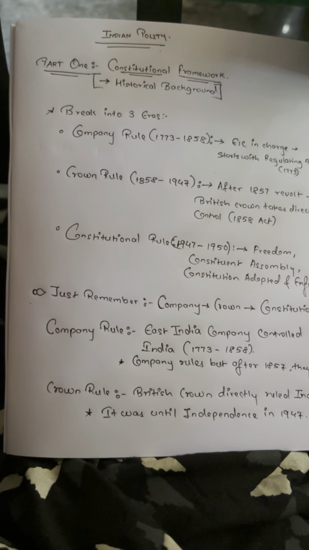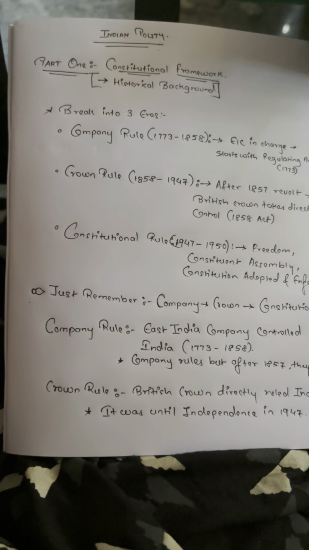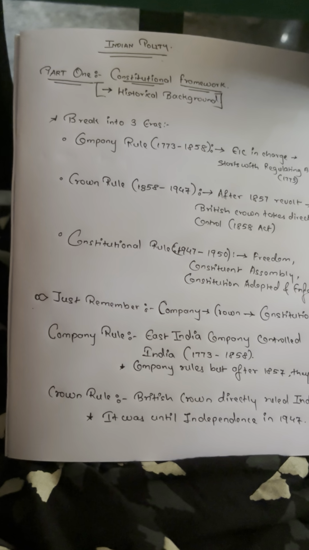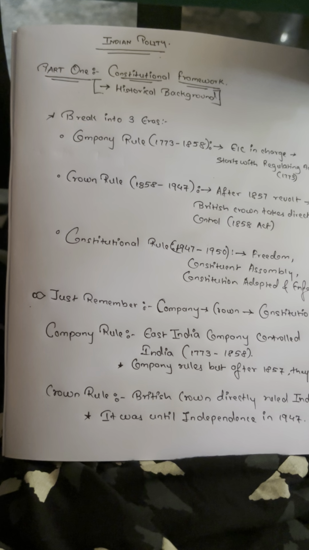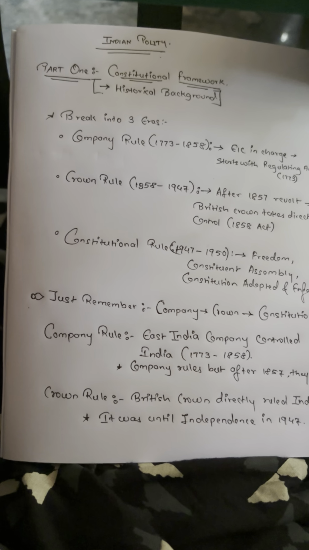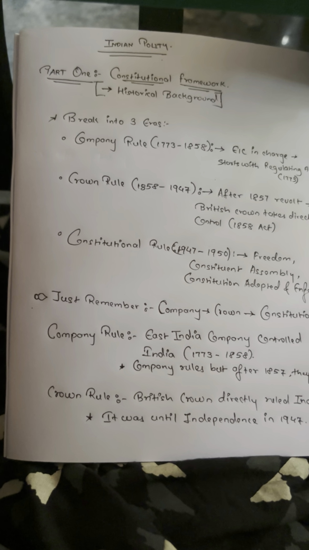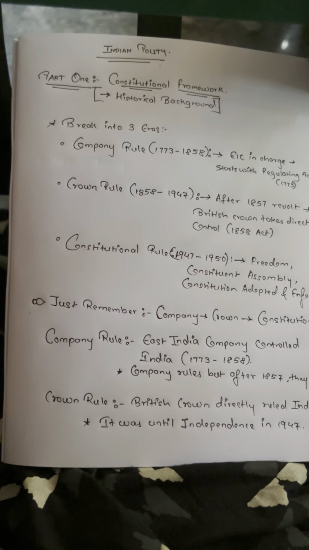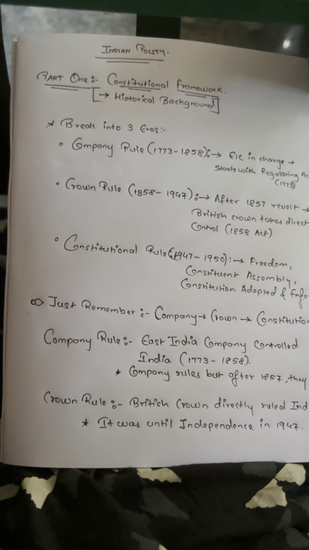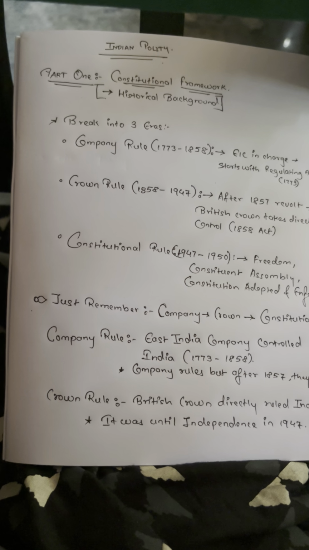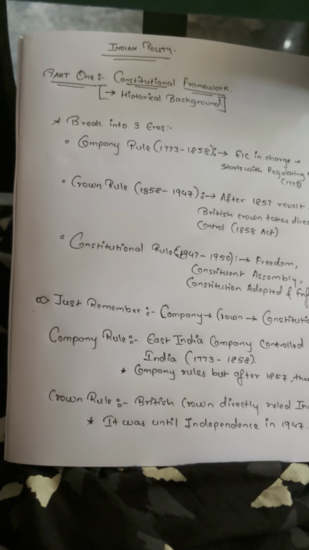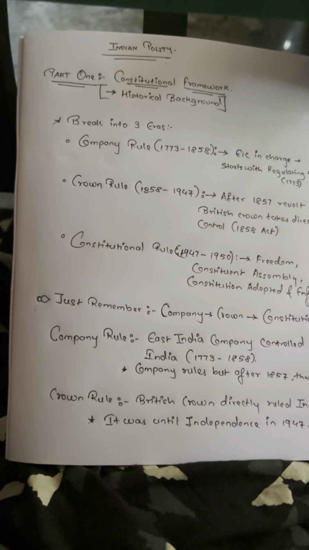The company collected revenue, maintained armies, and ruled Indian territories, though under some supervision from the British government. When it ended, the revolt of 1857 exposed the company's failures, and what it resulted in was that by the Government of India Act 1858, the British Crown took direct control.